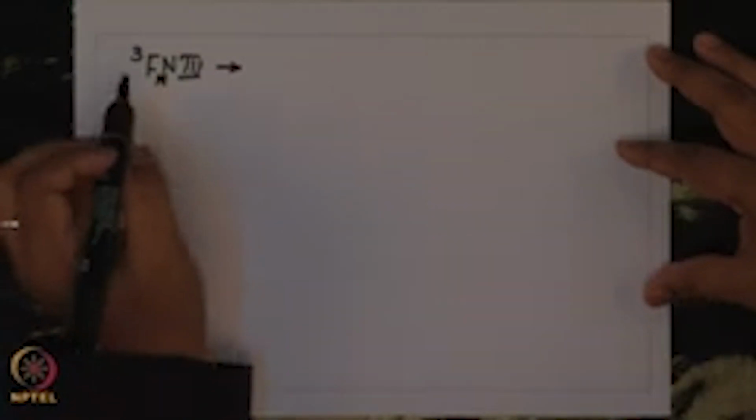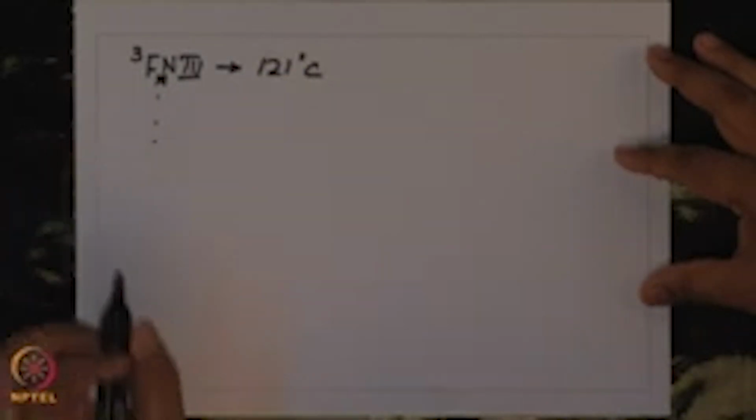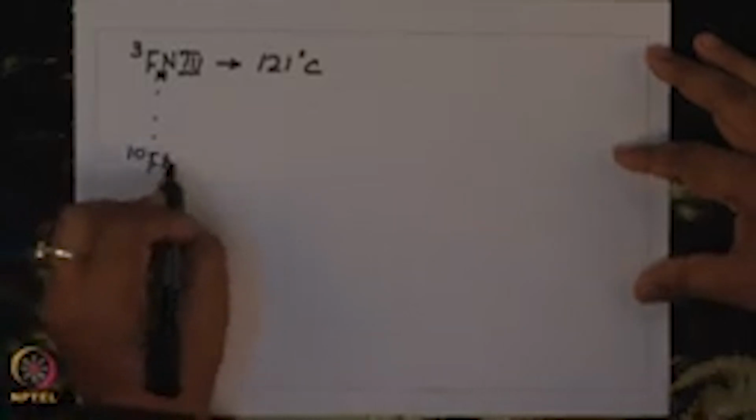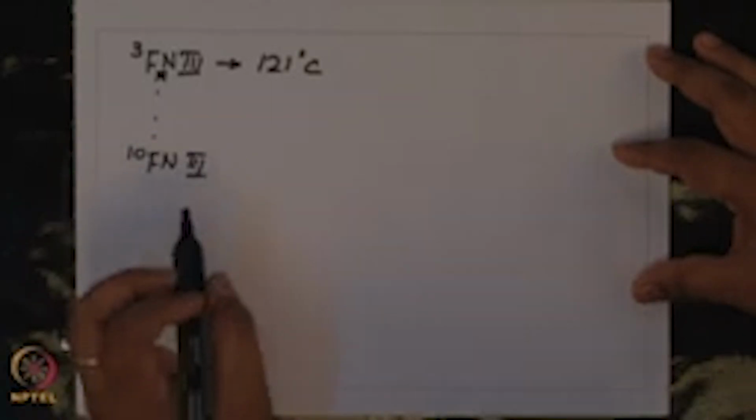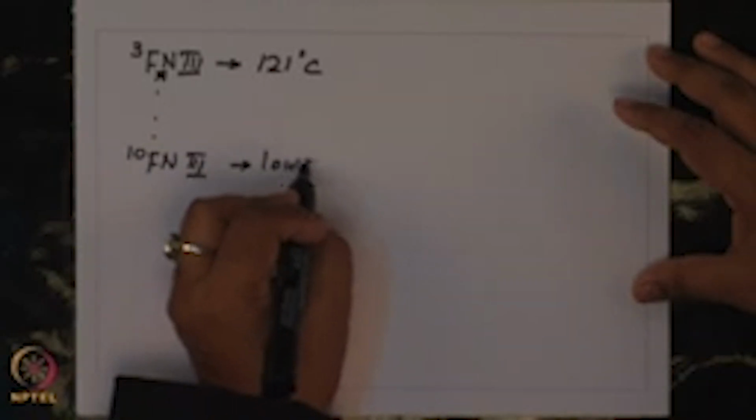Typically calorimetry has been used for testing the sensitivities of these individual domains to increase in temperature, and these studies have revealed, for example, that the third domain of FN3 unfolds at 120 degrees Celsius, and so on and so forth, and the 10th domain of FN3 unfolds at a lower temperature.